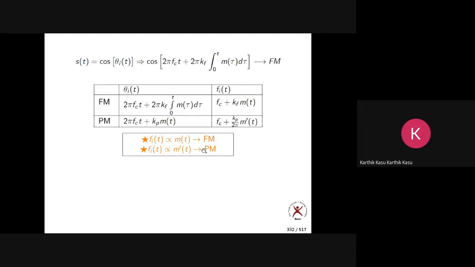But we have also observed that in frequency modulation, the instantaneous frequency of the carrier changes according to the differentiation of m of t, or m dash of t. So using this relation, in phase modulation also we can observe variations in the instantaneous frequency of the carrier. Please make a note of this, all of you. This is very, very important.